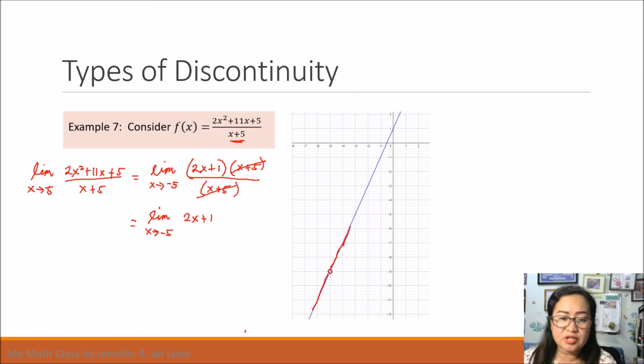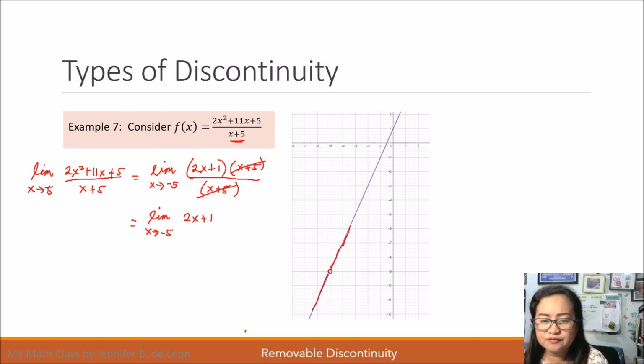Now, take note here, 2x plus 1 is already a continuous function as x approaches negative 5. So this implies that we can remove the discontinuity of this function. Thus, we redefine the function at the point where the function is discontinuous. So we will have a removable discontinuity in this case.